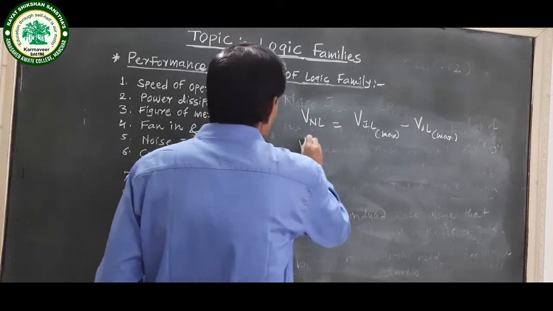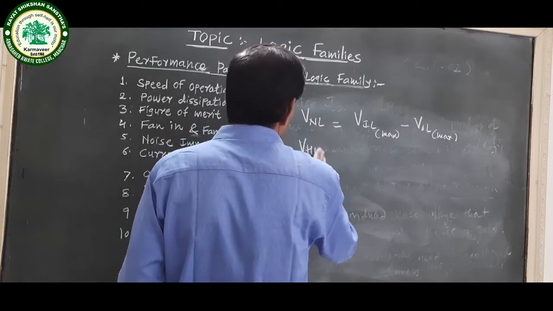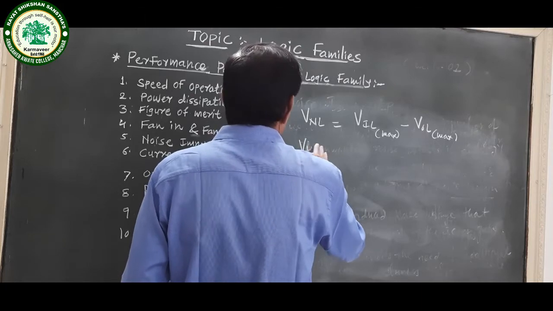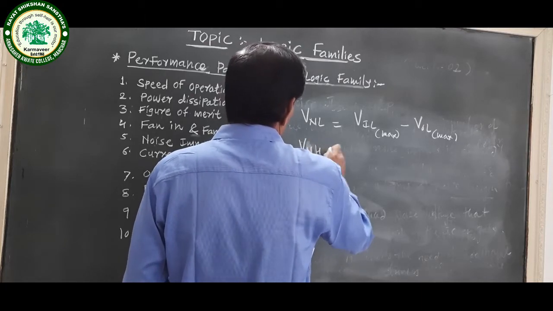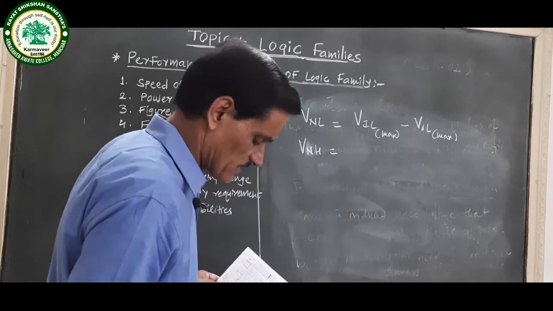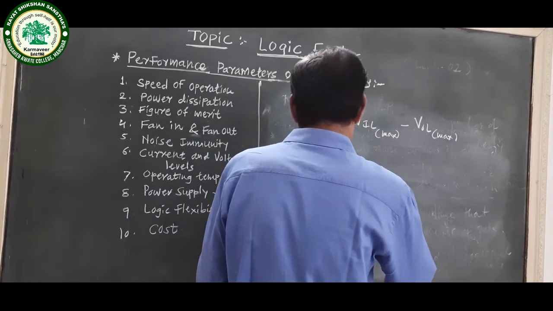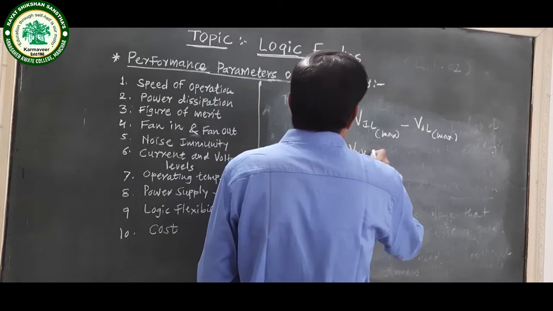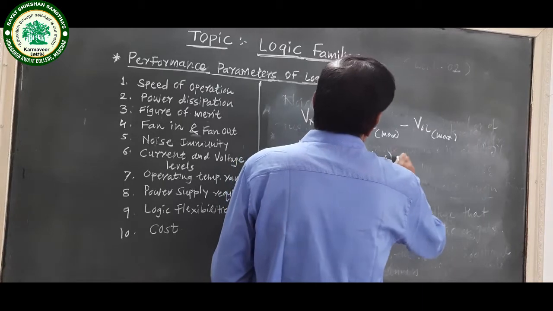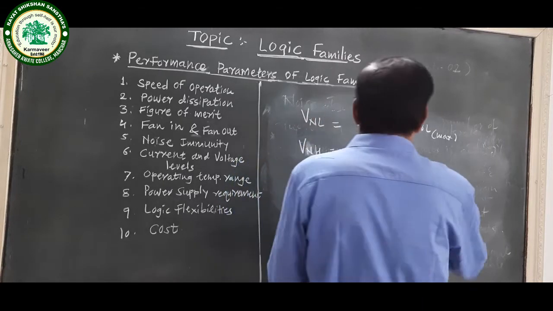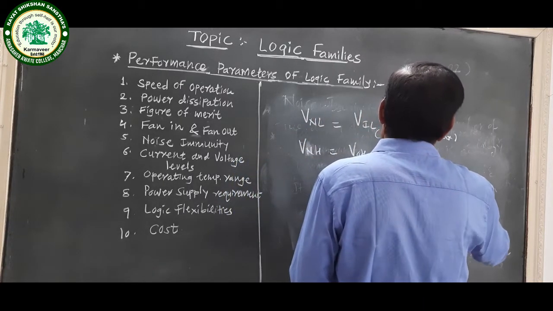On the other hand, high noise immunity VNH in high state is defined as VOH minimum minus VIH minimum.